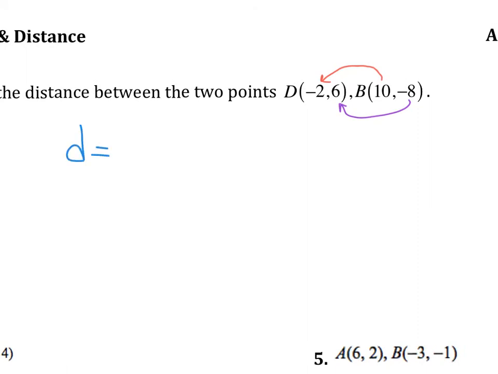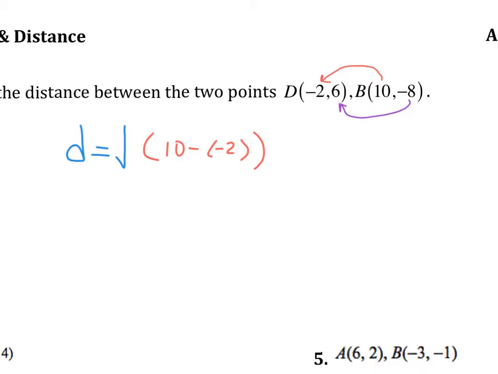D is equal to, now notice what I'm going to do. I'm going to start by writing the square root, but I'm not going to finish the bar on top because I'll get that at the end. So notice the x2 and x1 was this, 10 minus a -2. So beware, I'm putting a double negative in there.